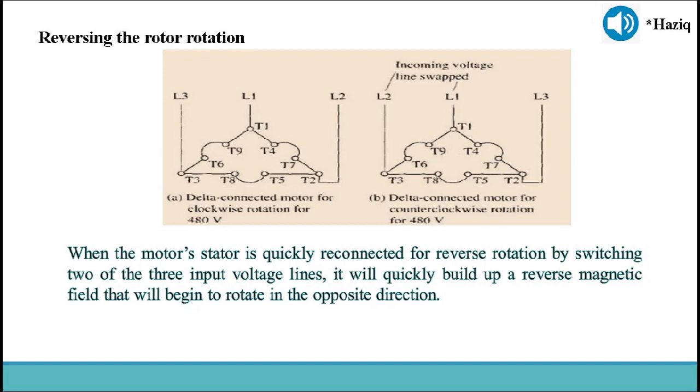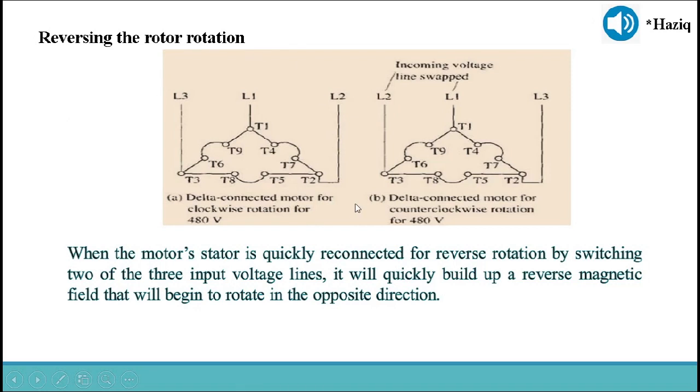Okay, reversing the rotor rotation. For the induction motor, the reversing method is that the motor stator is quickly reconnected for reverse rotation by switching 2 of the 3 input voltage lines. It will quickly build up a reverse magnetic field that will begin to rotate in the opposite direction.